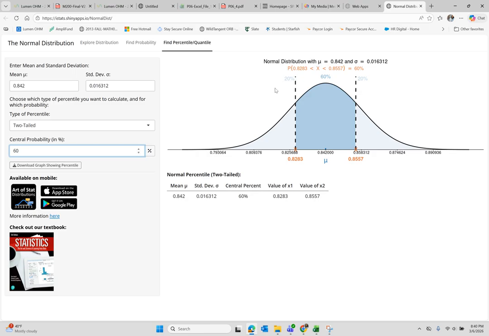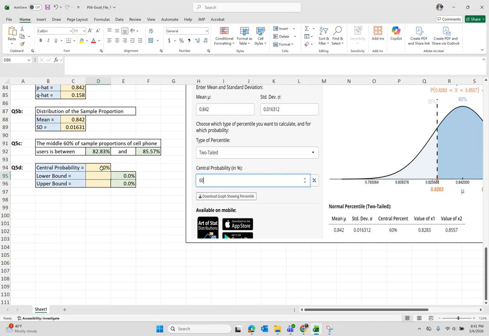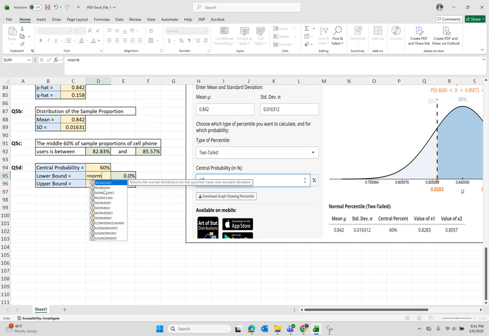How do we find each one of those probabilities? You remember from our chapter discussion and our notes discussion that this is half of the remaining probability of the complement. So I want to use the normal inverse, and it's asking me for the probability.